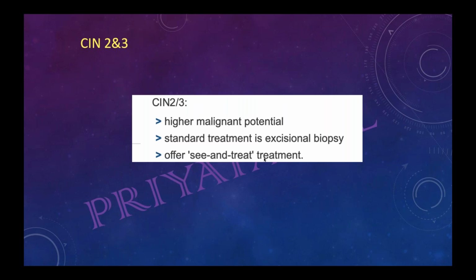Sometimes when people come for colposcopy and at the same sitting we see an abnormal area, if excision is done at the same time, this type of treatment is usually offered if the patient will not be able to come back. So it is a kind of see and treat treatment. One time someone asked me what is this see and treat. Now the things might have been cleared.